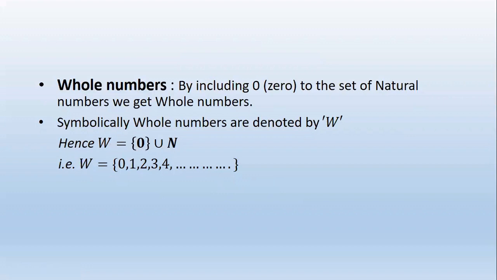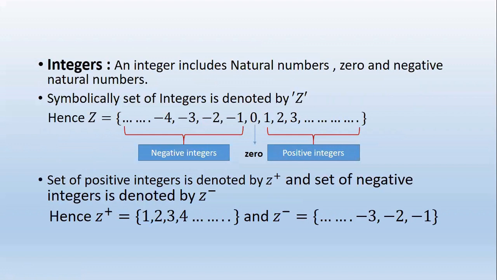Now, integers. An integer includes natural numbers, 0, and negative natural numbers. Symbolically, the set of integers is denoted by Z, as Z is equal to 0, 1, 2, 3.